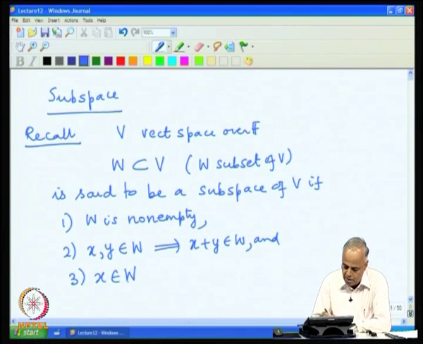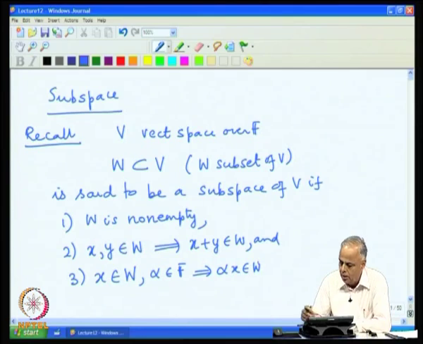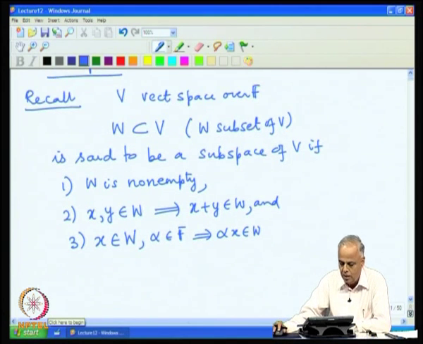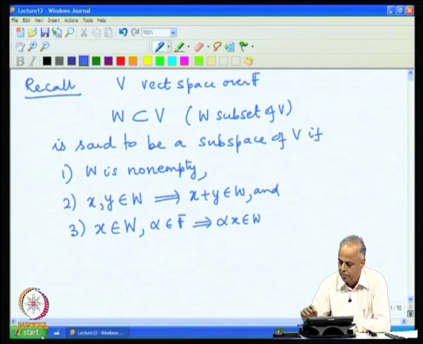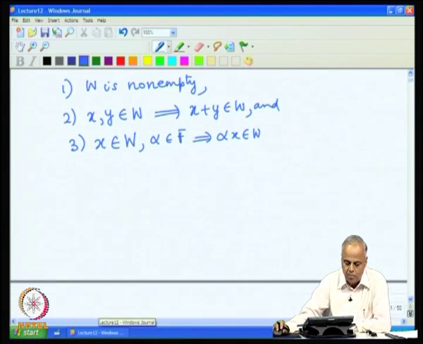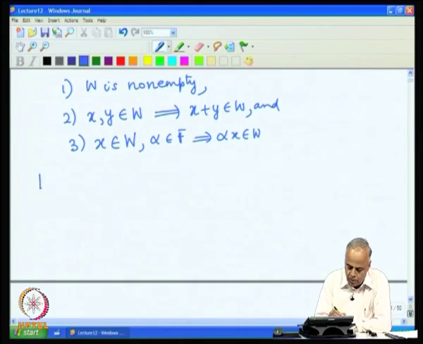That is, if x is in W and alpha is any scalar, then alpha x must be in W. If these are satisfied, then we say W is a subspace of V. We had seen some examples last time. So, we will look at more examples of subspaces.